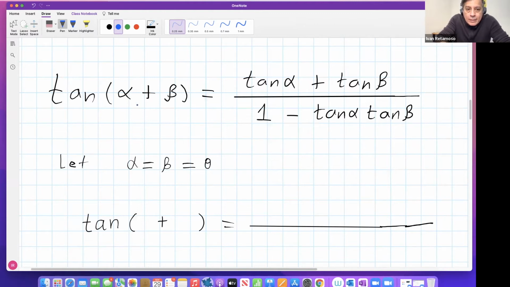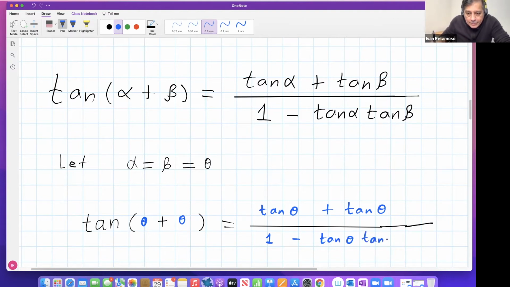So suppose alpha and beta are equal to some angle theta. Then we can say alpha is theta, right? Beta is theta. So tangent of theta plus theta should be equal to tangent of alpha, but alpha we're saying is theta, plus tangent of beta, beta we're saying is theta, divided by 1 minus tangent of theta multiplied by tangent of theta, right?